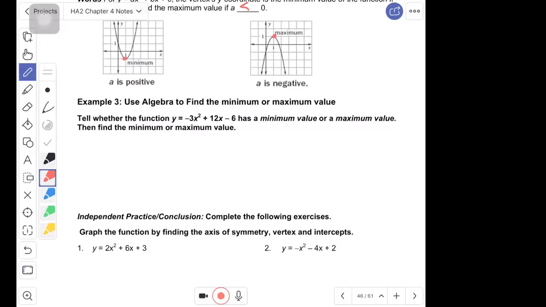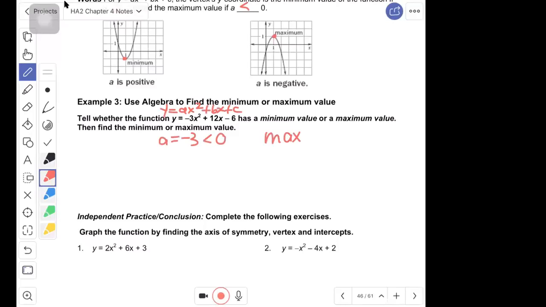Valeria, what is our a value for this function here? So our quadratic function is y equals ax squared plus bx plus c. Yeah, negative 3. So our a is negative 3, which is negative. So do you think we're going to have a min or a max value? Max. Yeah, max. So we know we're going to have a max.